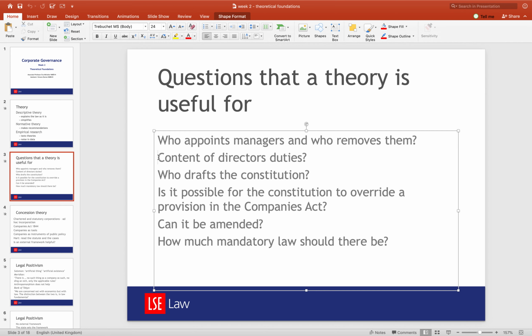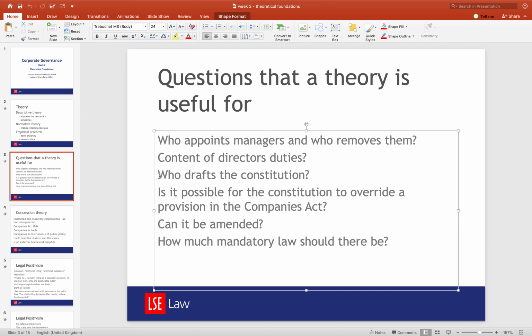Another area where theoretical analysis contributes is, for example, content of directors' duties. Are directors required to work in the interests of shareholders? Are they required to work in the interest of creditors? Do they have responsibilities towards the government? And why is that? And should we make normative recommendations recommending a change to that?